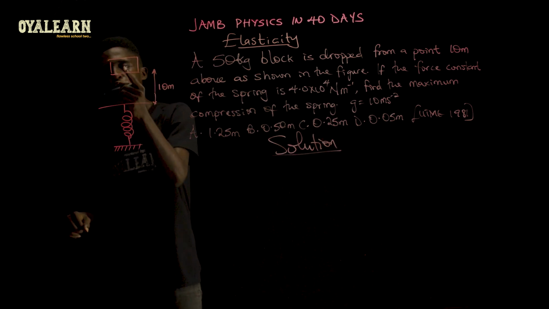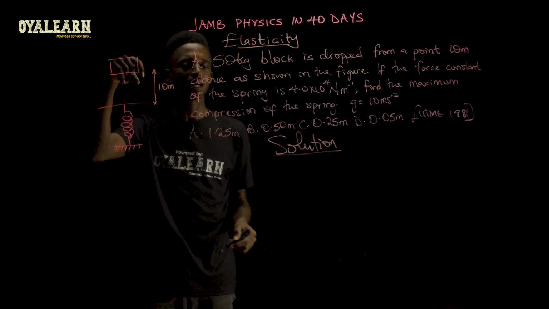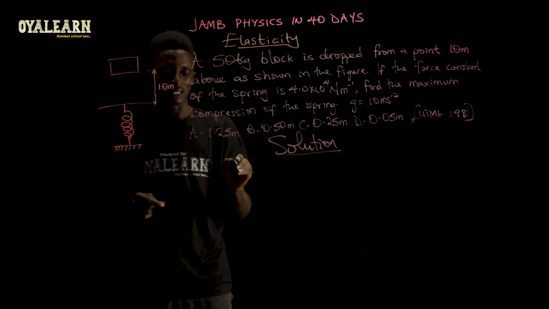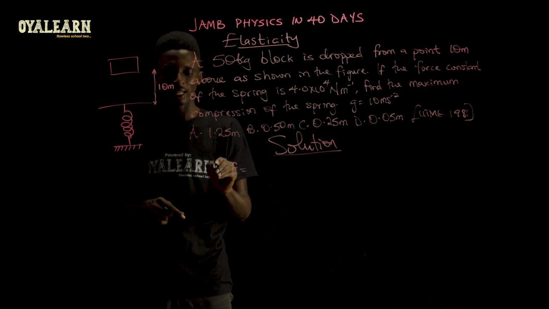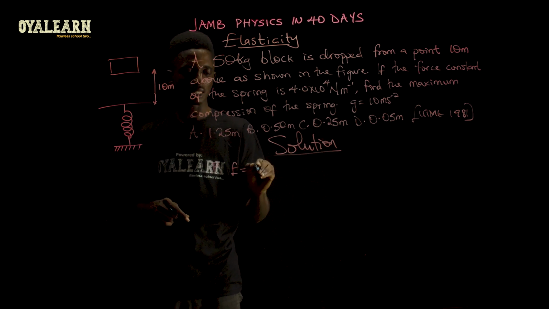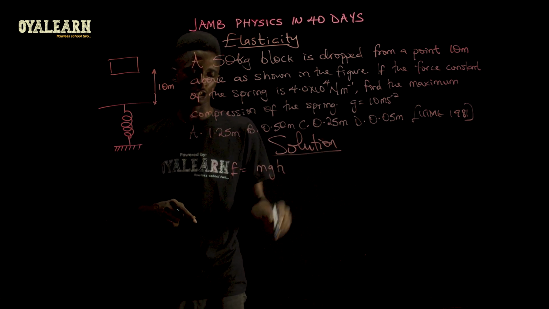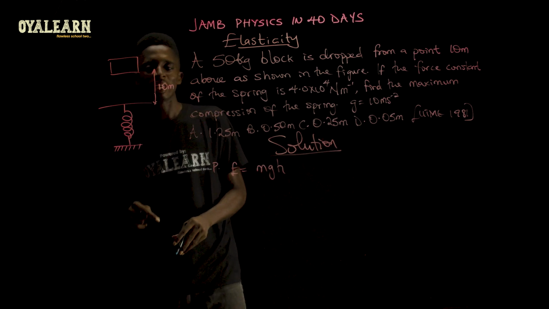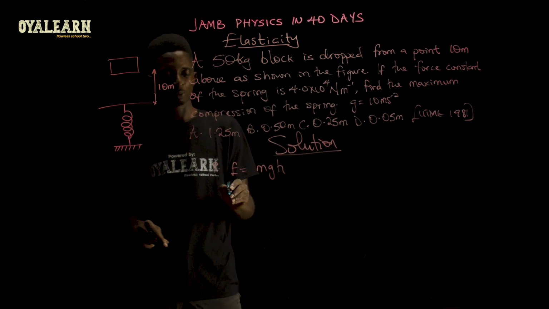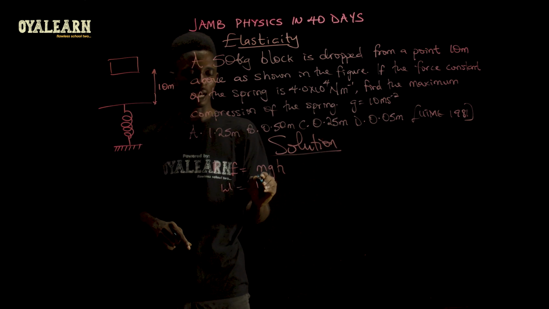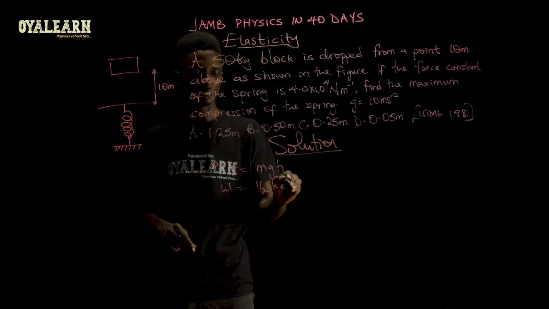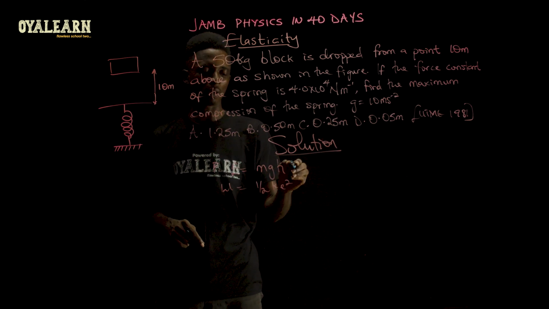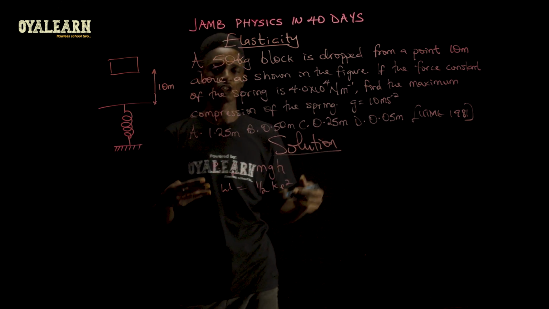There's going to be a work done by this material dropping, and that's the energy there, potential energy, right, which is mgh. And then we have the work done on the spring, which is half ke squared. So it is these two that we're going to equate, because they are both energy and work done.